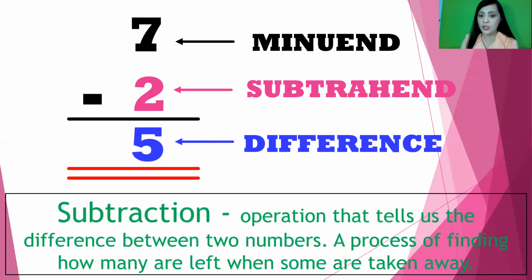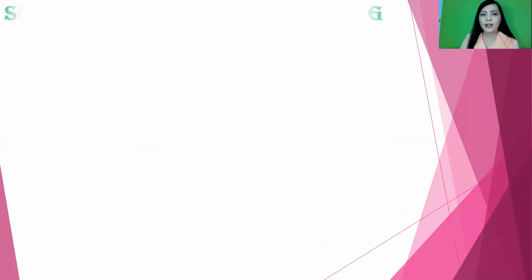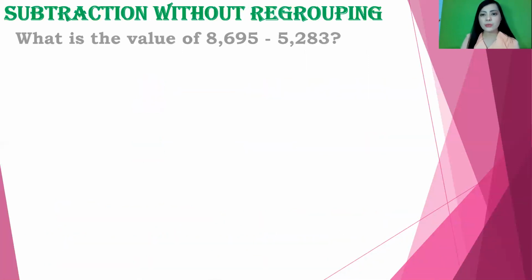Now, what is subtraction? Subtraction is the operation that tells us the difference between two numbers, a process of finding how many are left, how many are taken away. All right, subtraction without regrouping.